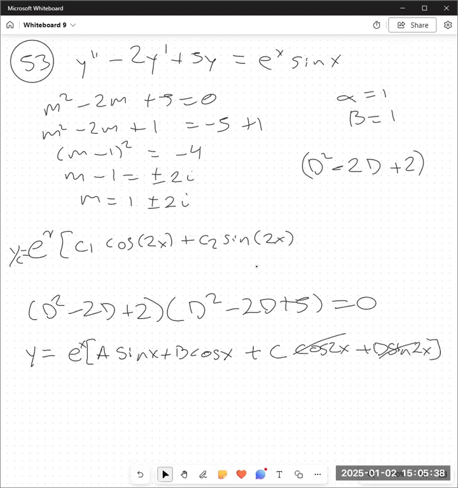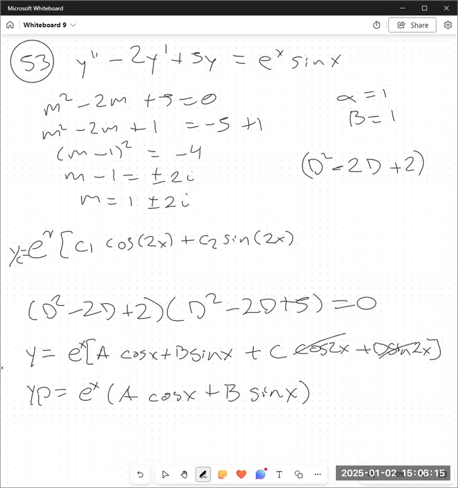These two pieces are already accounted for in YC. So YP is going to be e to the x times a sine x plus b, sorry, this should be cosine first and sine second, just for consistency, and that's because that imaginary part got absorbed into the constant there.